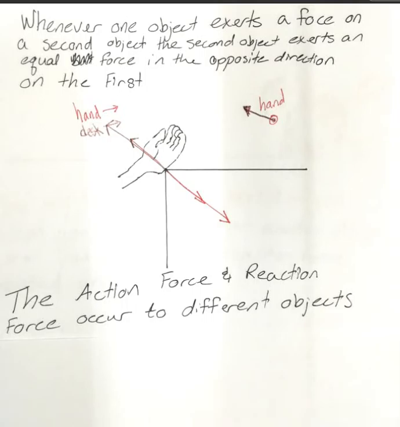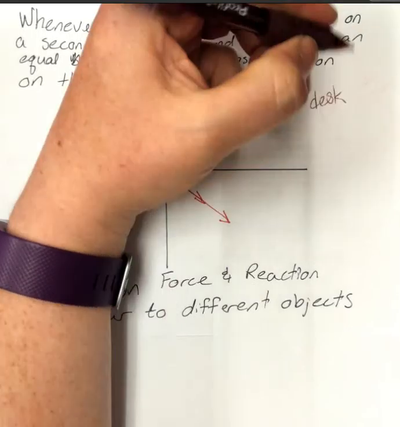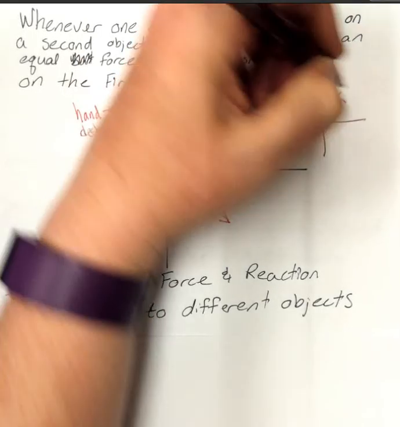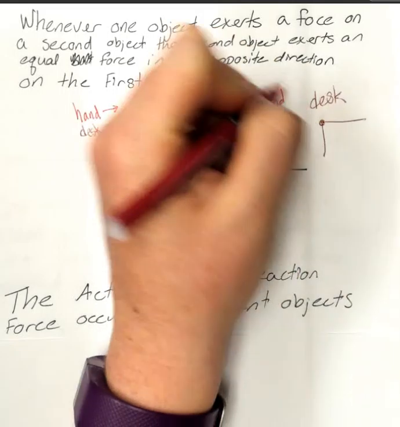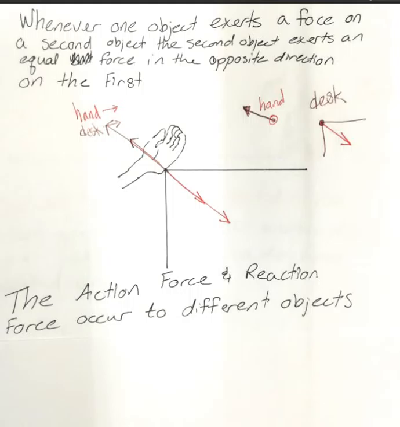Whereas the desk, on the other hand, get it? Desk on the other hand. The desk is not experiencing the upward force it's applying to your hand. The desk is only experiencing the downward force that it is receiving from you.